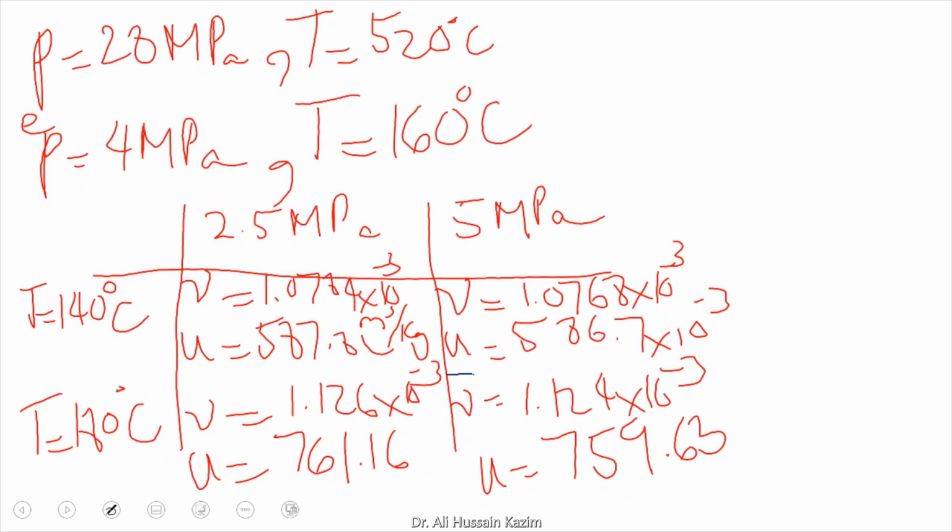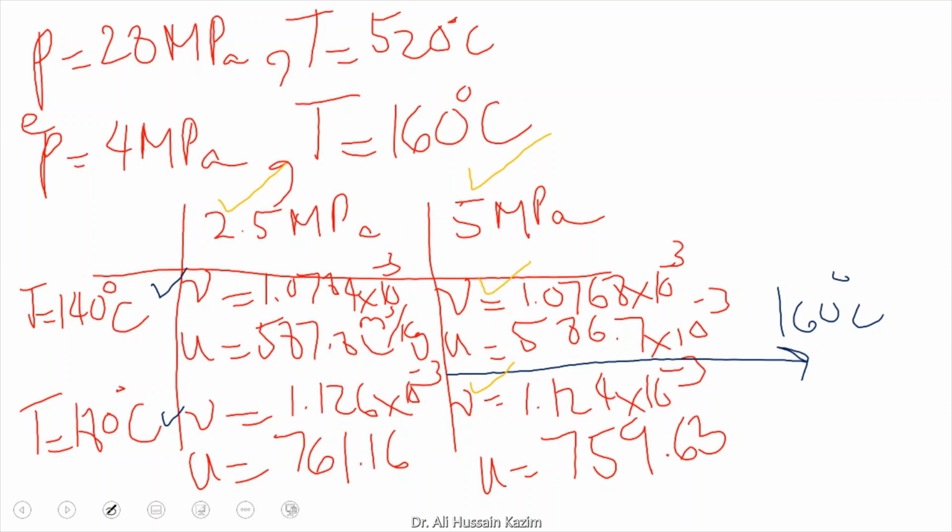We need to find all of these properties for 160 degree Celsius. 160 degrees Celsius is just between 140 and 180 degree. So if we take the average of this value and this value, we get the specific volumes at 2.5 megapascal and 5 megapascal.